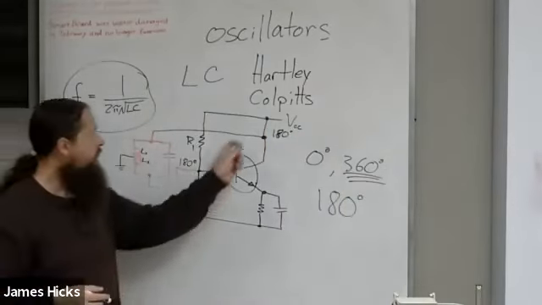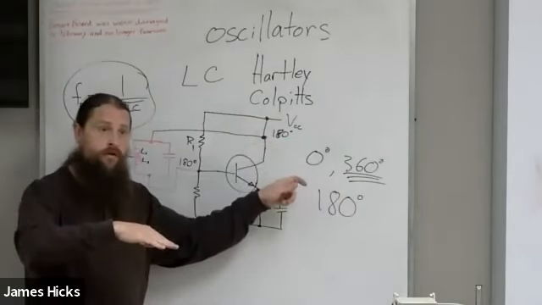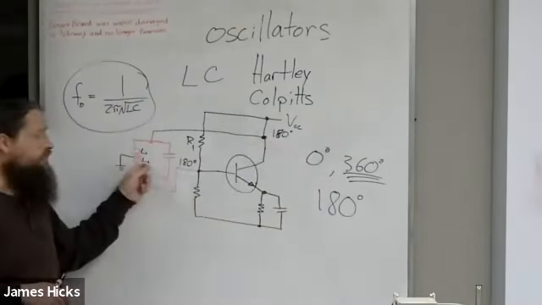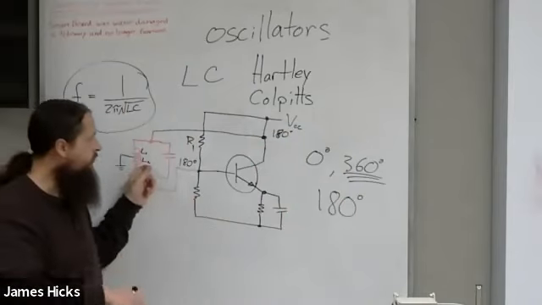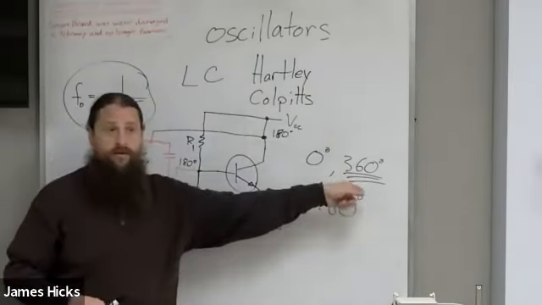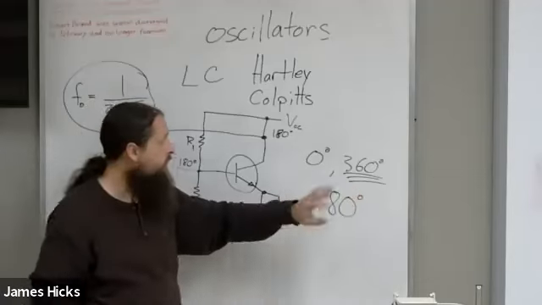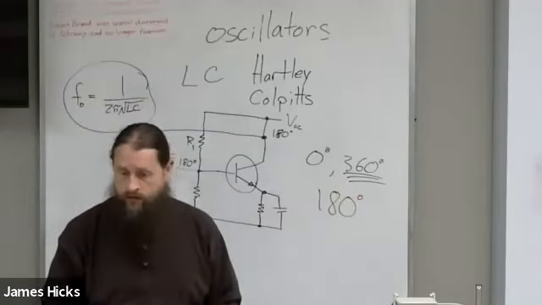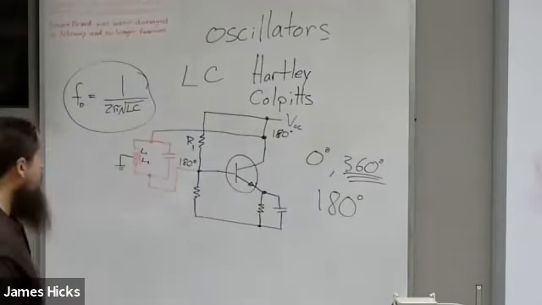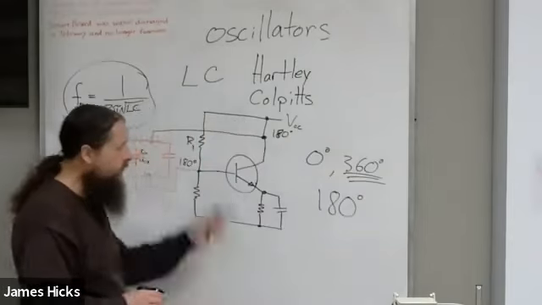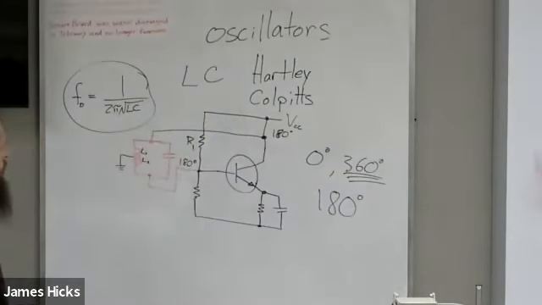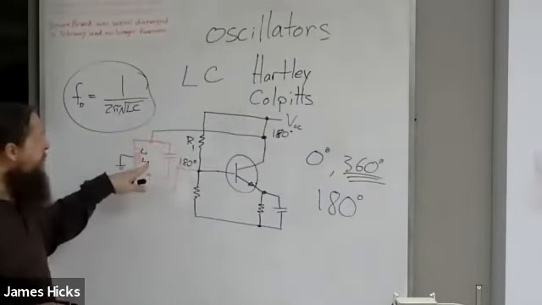The transistor throws you out of phase by 180 degrees. The inductor throws you off by another 180 degrees. But together, that's 360 degrees total. So you just turn around 360 degrees and walk away. That's what we did.